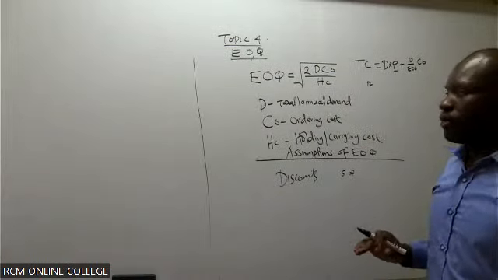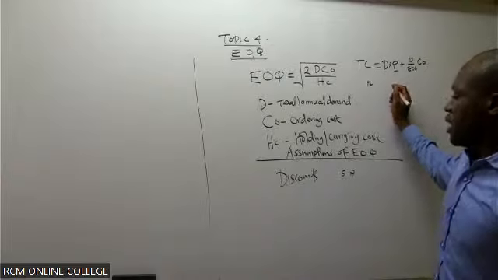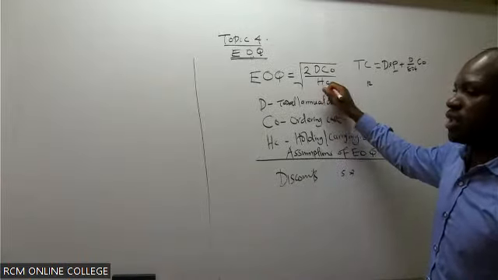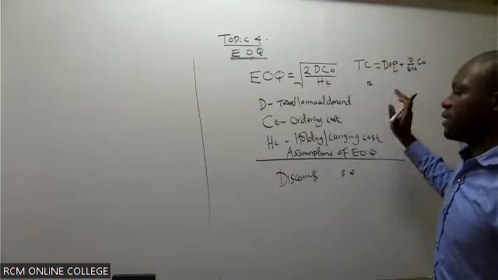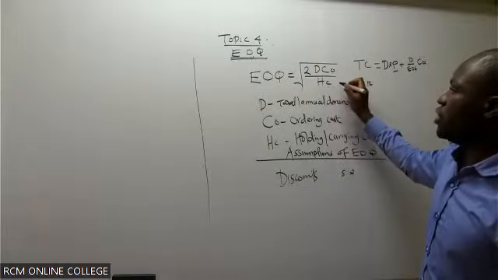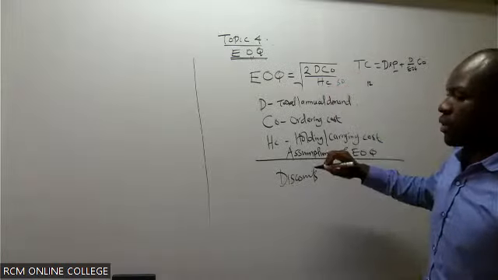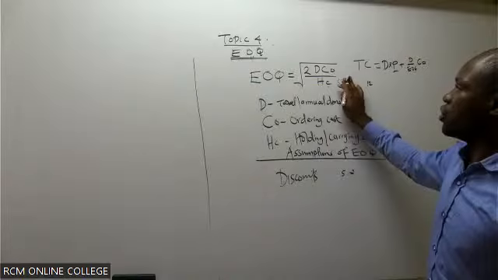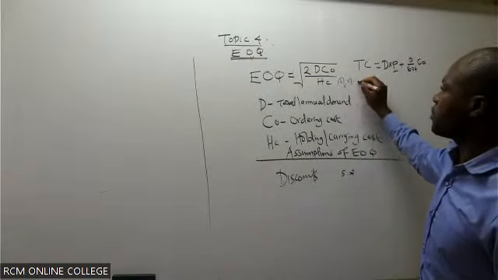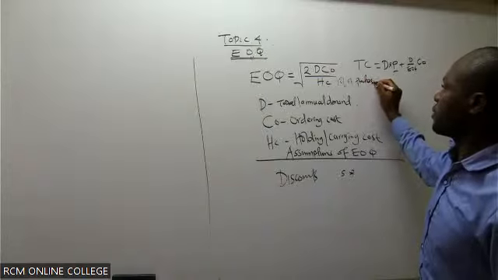But they simply give you a discount range and tell you that the holding cost is attached to the purchase price. What do I mean? They will not come here and tell you that holding cost is 50 shillings. No, they tell you that holding cost is 10% of purchase price.